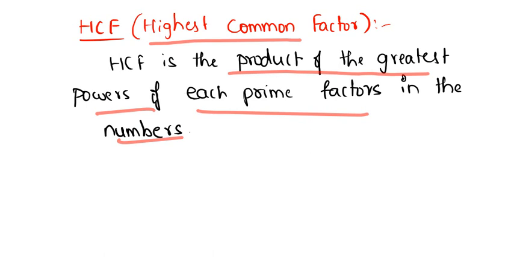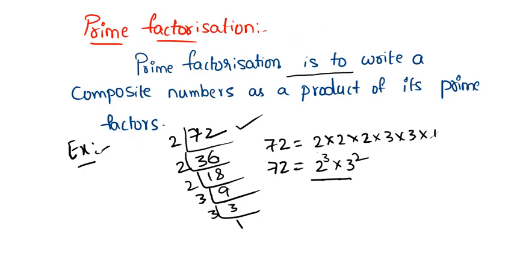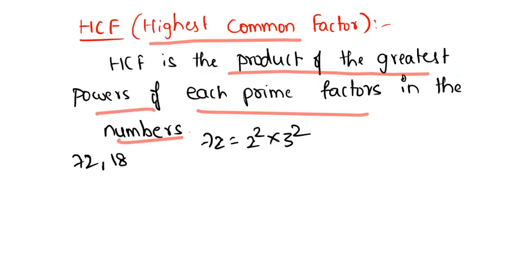Here I am taking the same example, 72 and 18. 72 is equal to 2 power 3 into 3 power 2, and 18 is equal to 2 into 3 square.